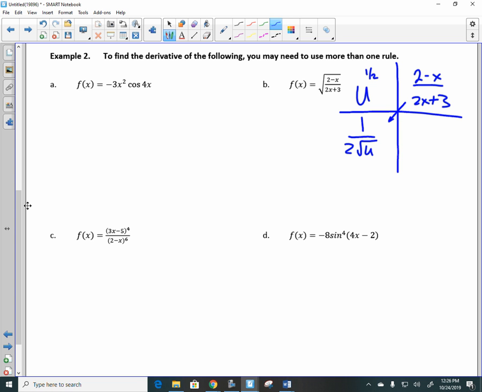Okay, so quotient rule says derivative of the top, -1, times the bottom, 2x plus 3, minus the derivative of the bottom, times the top, all over 2x plus 3 quantity squared.